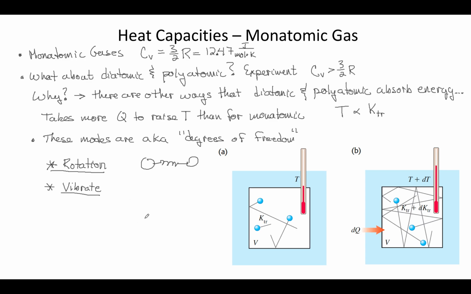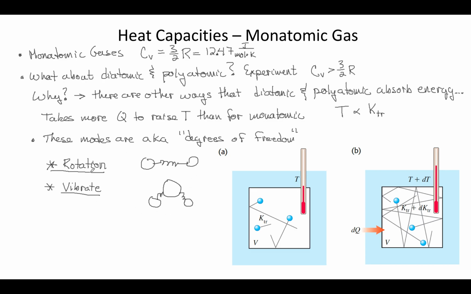With the polyatomic, maybe with a water molecule, you might model it as something like this, little springs attaching the atoms together. That could have some very complex vibrations. Just imagine how it could bounce back and forth.